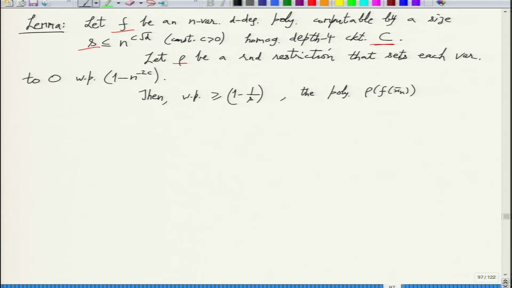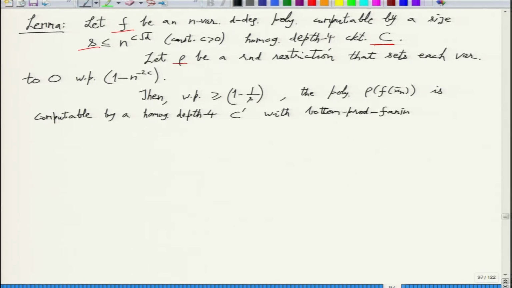So this polynomial is computable by a homogeneous depth 4 circuit C prime with bottom product fan-in less than or equal to square root d and size less than or equal to s.